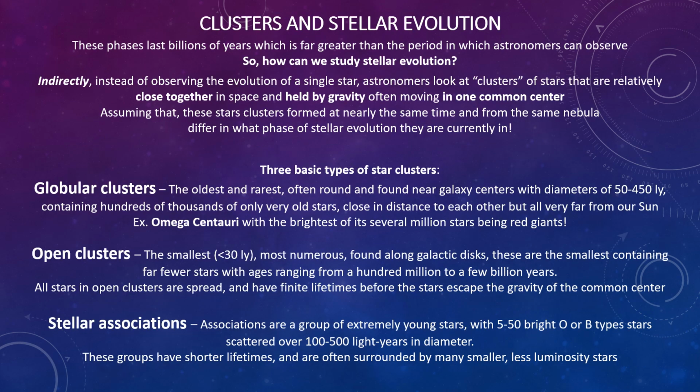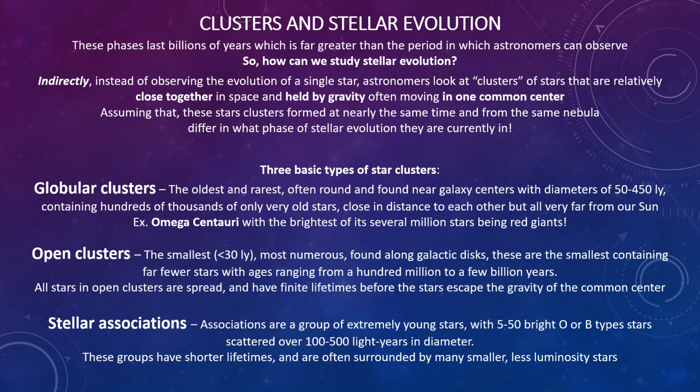So now we're going to talk about how we can use star clusters to study stellar evolution. Since these phases of stellar evolution can last millions to billions of years, which is far longer than we've had to observe as astronomers, we need to look at groups of stars to study stellar evolution.